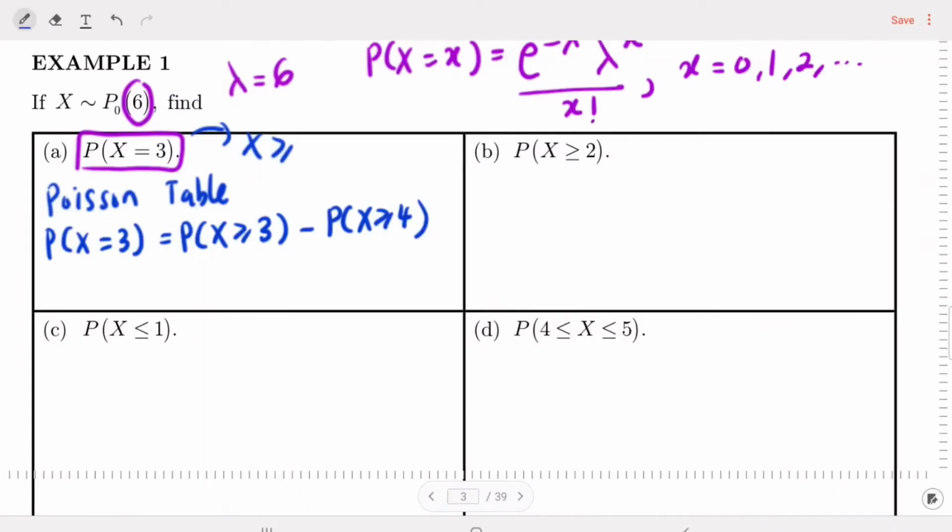For the next example, I'm just going to use the Poisson table since it is a lot easier. For B, to find the probability X greater than or equal to 2, we can look straight at the Poisson table since it is already X greater than or equal. Just find the value when lambda equal to 6 and r equal to 2.